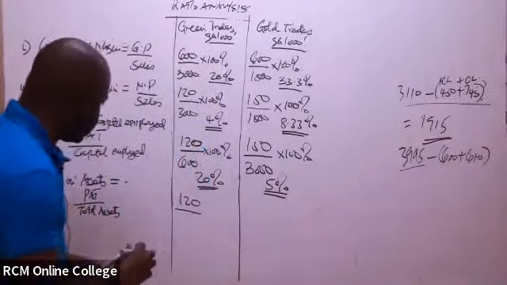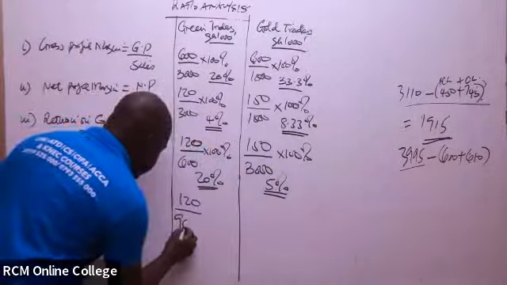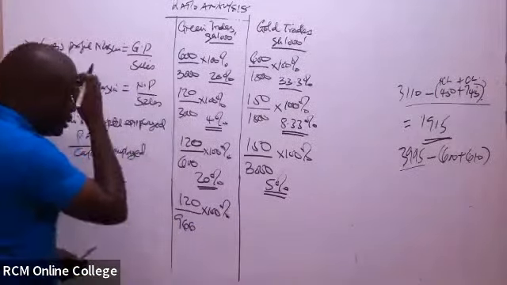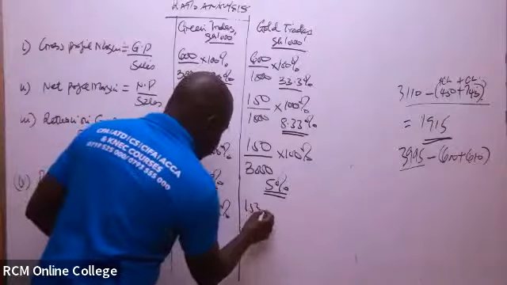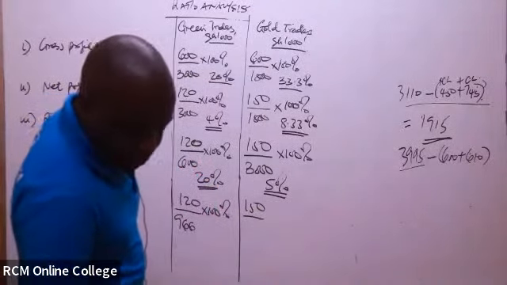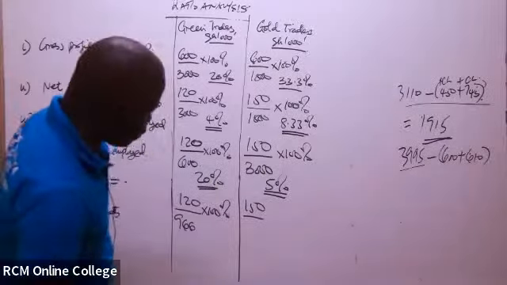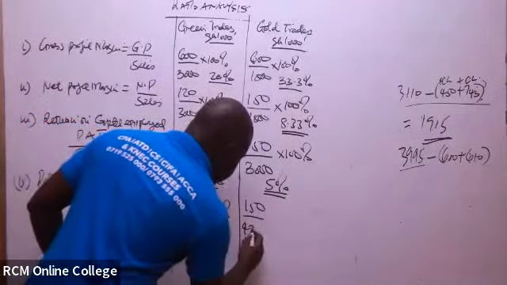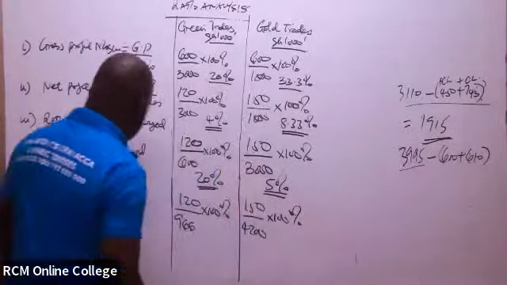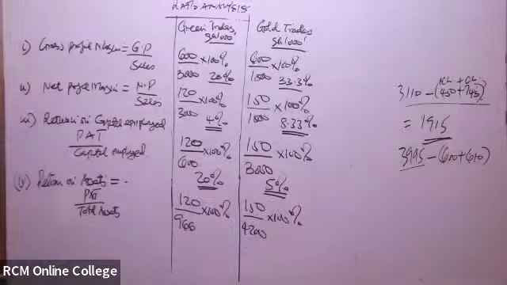Then we multiply by 100%. Then this other one is 150 over the total assets, which is 4,200, multiplied by 100%.